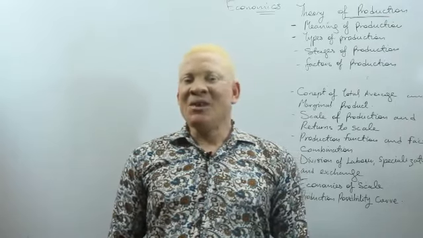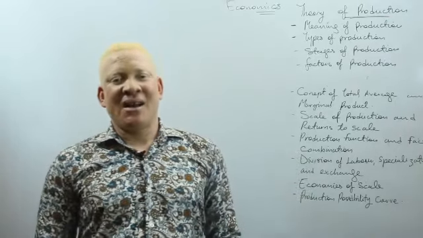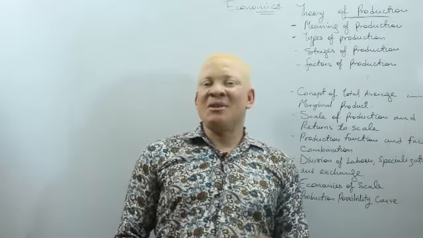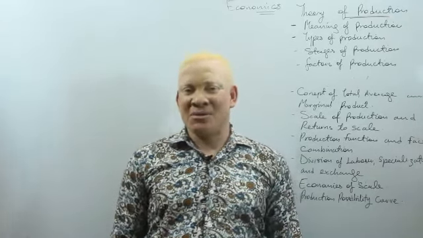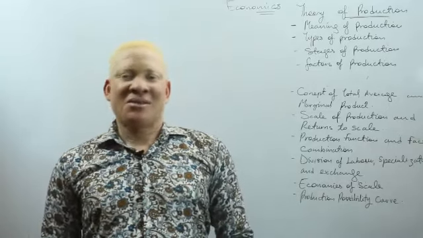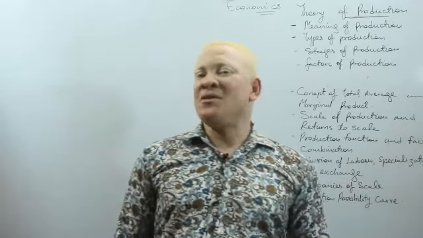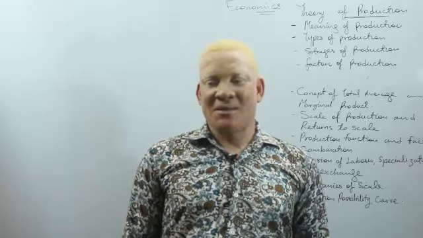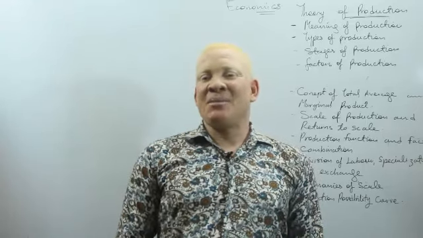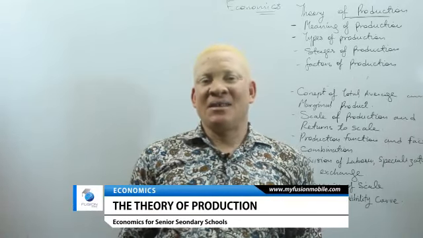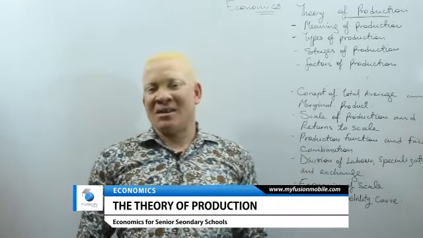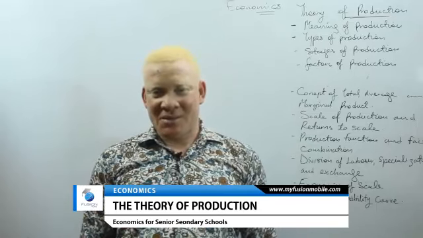Now, there are some other things called intermediate goods. Intermediate goods are also called capital goods. Some schools of thought refer to them as unfinished goods. Intermediate or capital goods are goods that are needed for production of other goods or commodities.